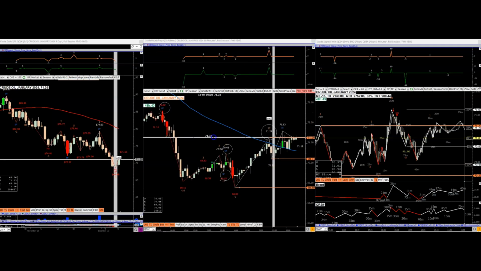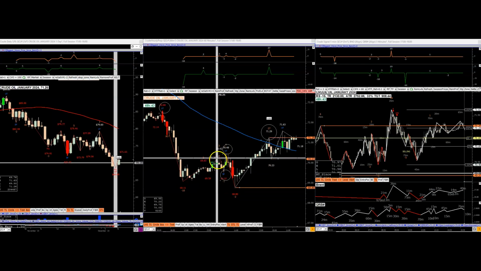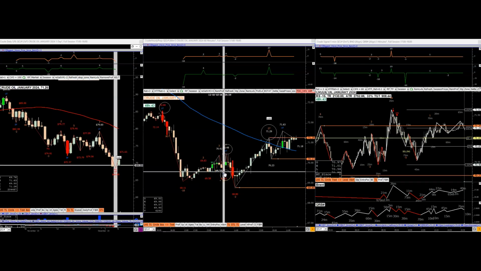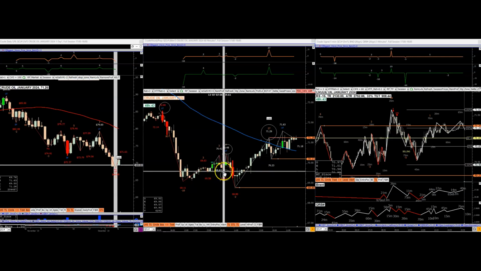So why do they do the spring first? Because when they make that lower low, you have liquidity above, or stops above the prior high. Why? When they make the lower low, you have new sellers.